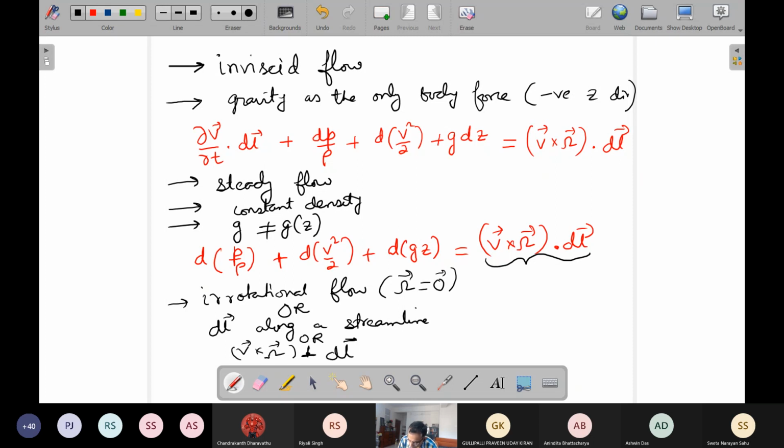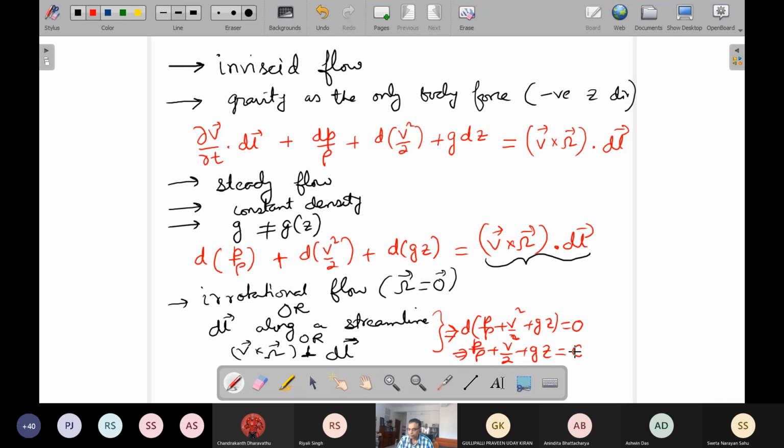This one. So when that is also satisfied, we come up with this one, d of (p by rho plus v square by 2 plus gz) is equal to 0, or p by rho plus v square by 2 plus gz is equal to constant.